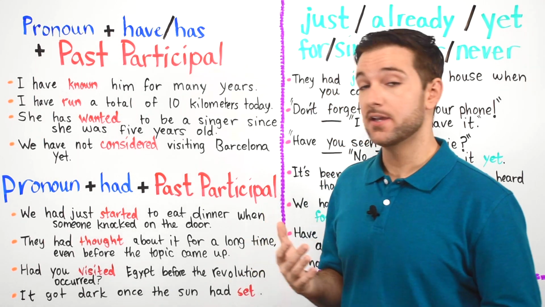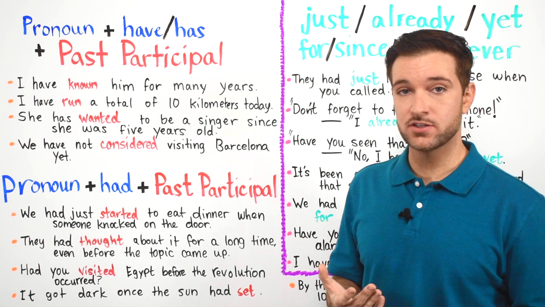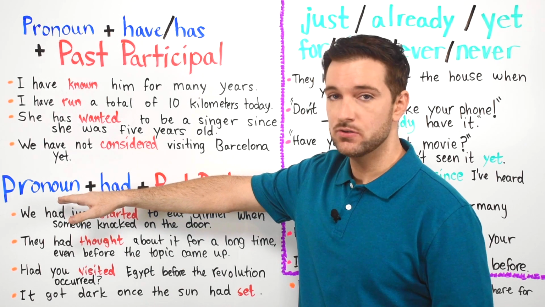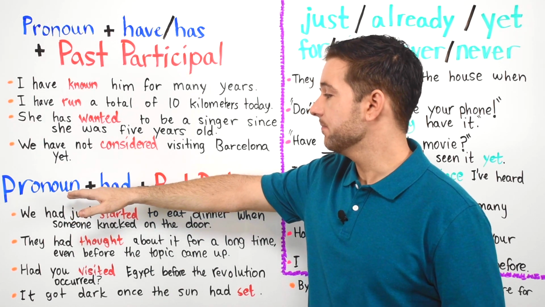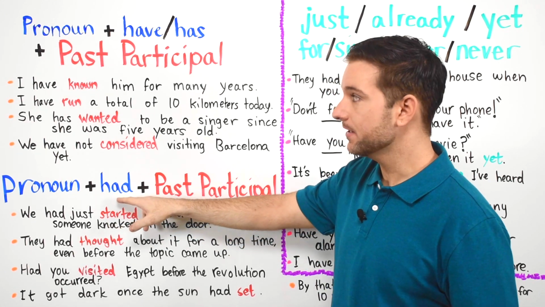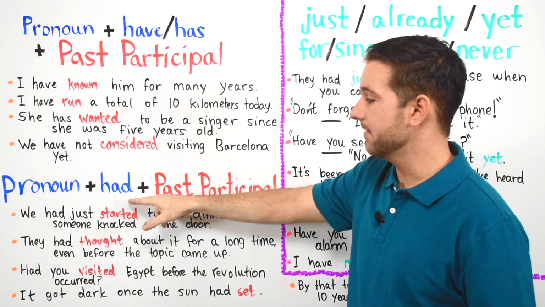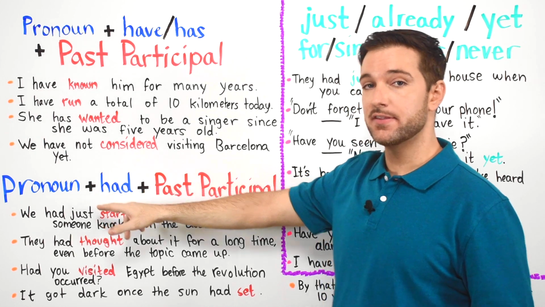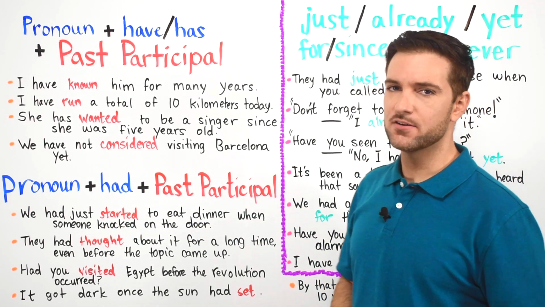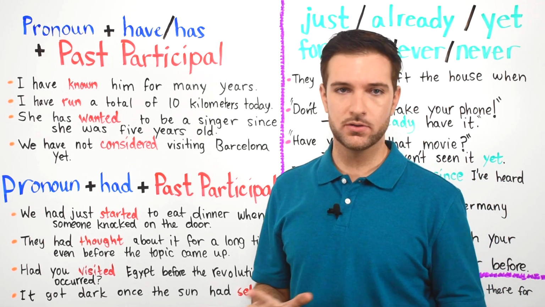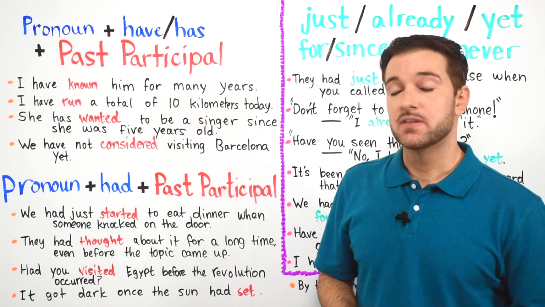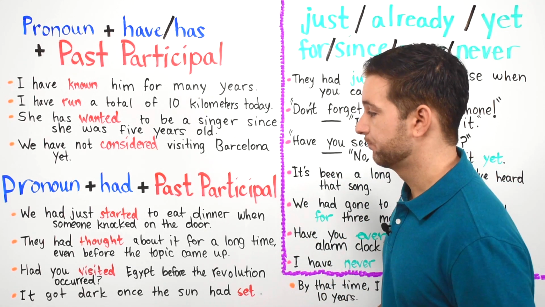Now, as you can tell, the formula to create the past perfect tense is a pronoun, I, you, he, she, it, we, and they, and then you have to use this word here, had. You can't use have or has. You have to use had. And then after that, you need the past participle. It doesn't matter if the subject is singular or plural. It can be both.